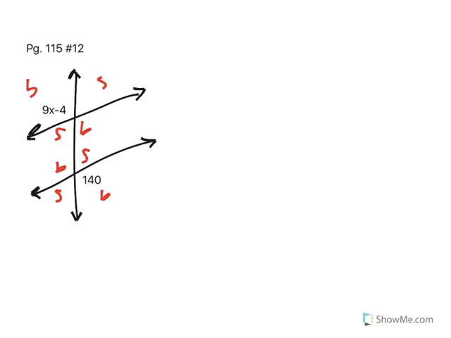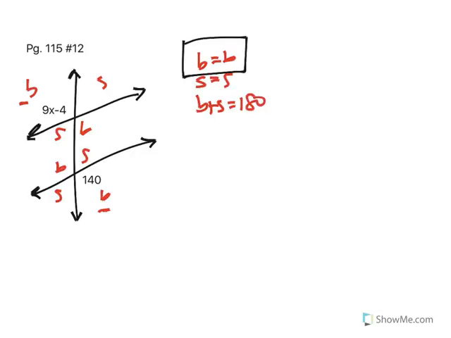Now I can see that the question wants me to solve for x. Well, this is a big angle and this is a big angle. So according to my algebraic relationships, remember I have big equals big, small equals small, and big plus small equals 180. Which equation should I use? I think I'm going to use big equals big.